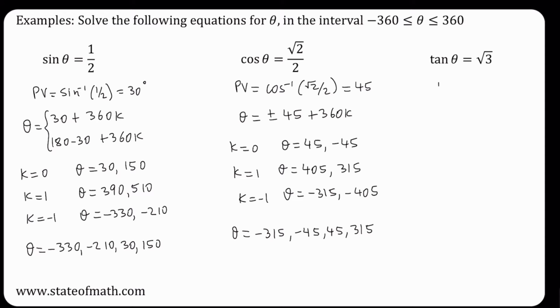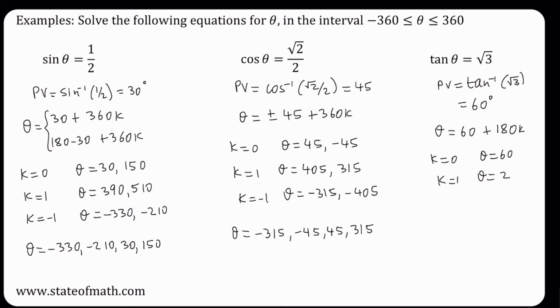And then we've got tan theta is root 3. I would say PV is shift tan of root 3. This gives an answer of 60 degrees. The formula for tan is just 1 PV plus 180k. So theta is going to be 60 plus 180k. And if I put k to be 0, I get theta is 60. If I put k to be 1, I get theta is 60 plus 180, which is 240.